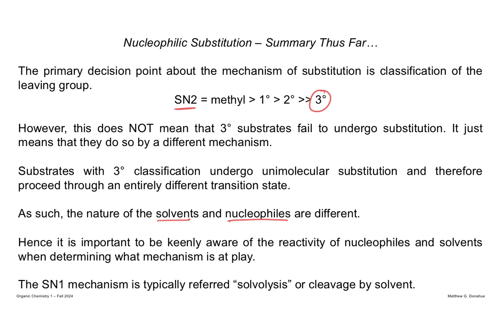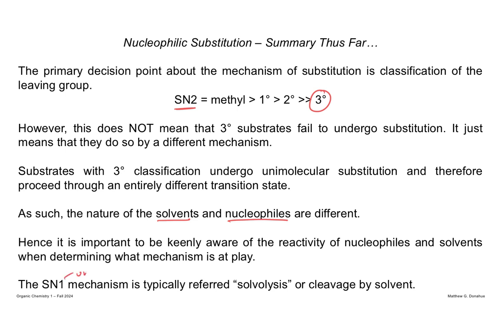So that the SN1 mechanism, the 1 stands for unimolecular. So the concentration of the electrophile now is the rate limiting step. So the carbon bearing the leaving group, that's the concentration that matters on how fast the reaction proceeds.